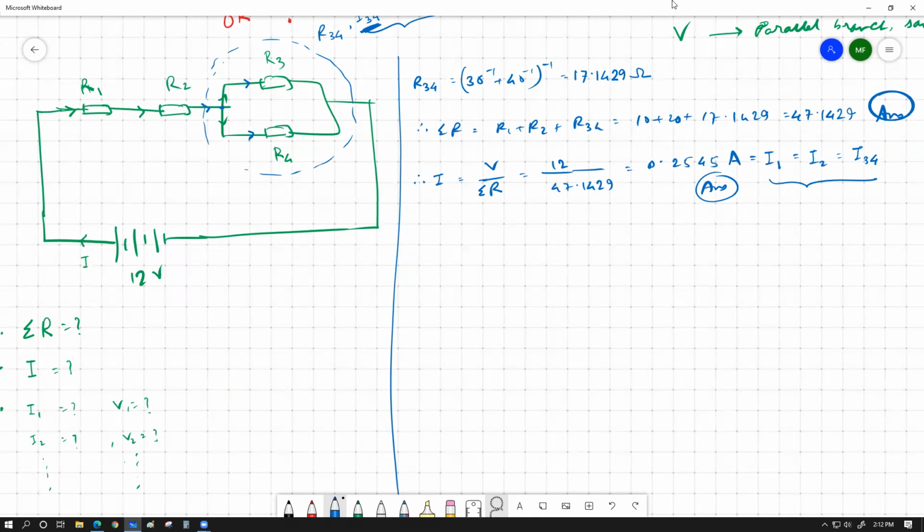So if we have to calculate the I1 values, it's very obvious that we should calculate the necessary value, that V1 equals I1 R1. So from here we can calculate 0.2545 multiplied by 10.